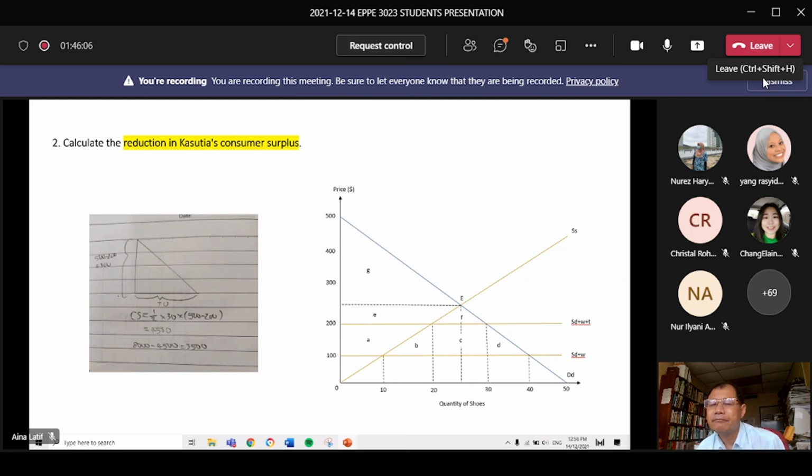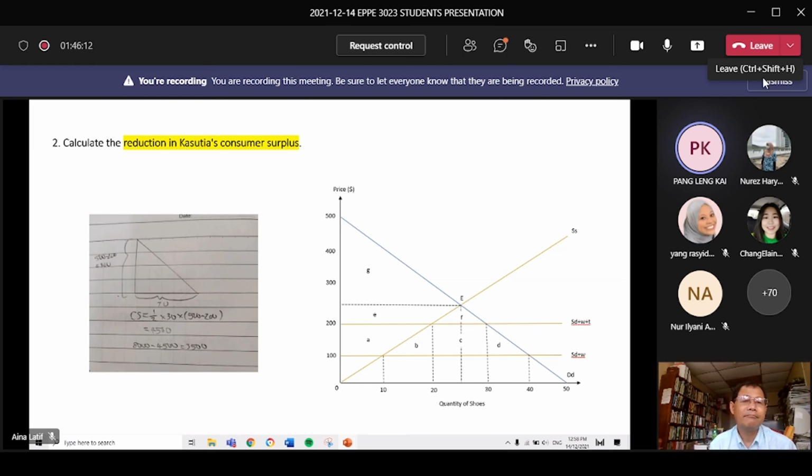Okay, the question is calculate the reduction in Kasutia's consumer surplus. So we want to calculate the consumer surplus, and how we calculate the consumer surplus is 0.5 times 30, times 500 minus 200. So equals 4,500.